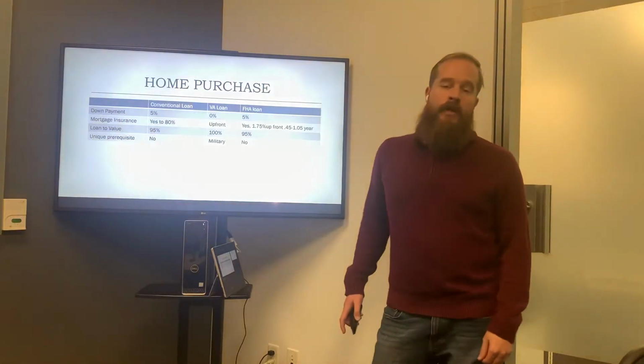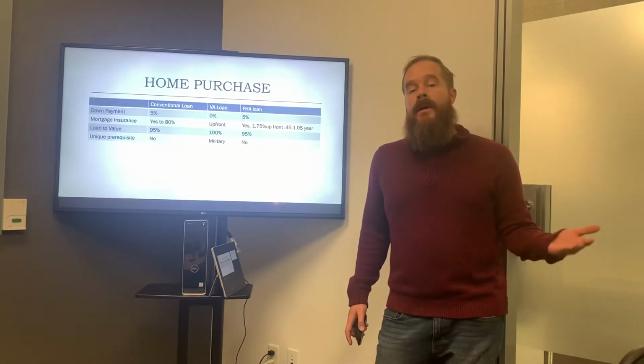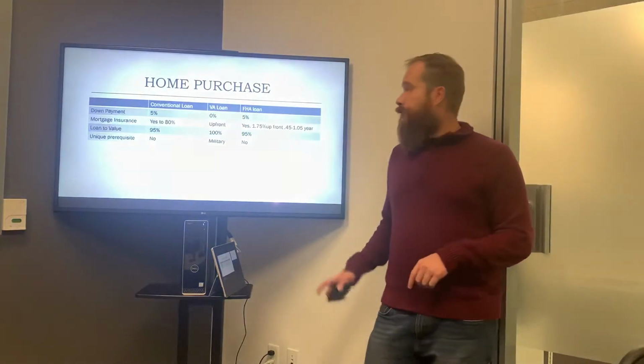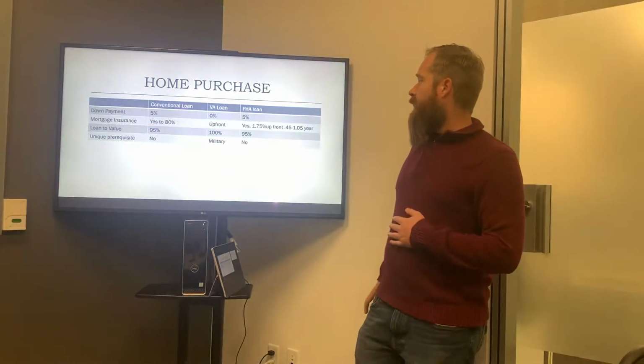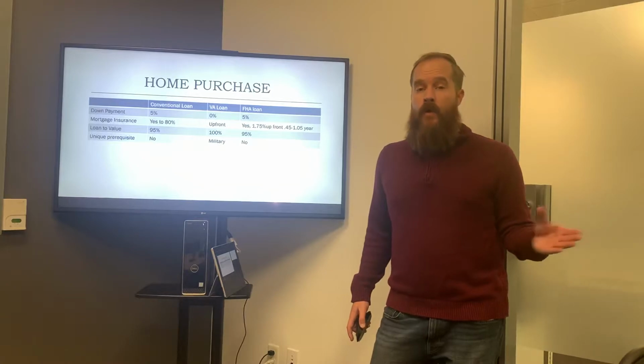On an FHA home loan, you are being charged 1.75% of the loan amount up front, as well as almost a half to 1% of the loan amount over the year.